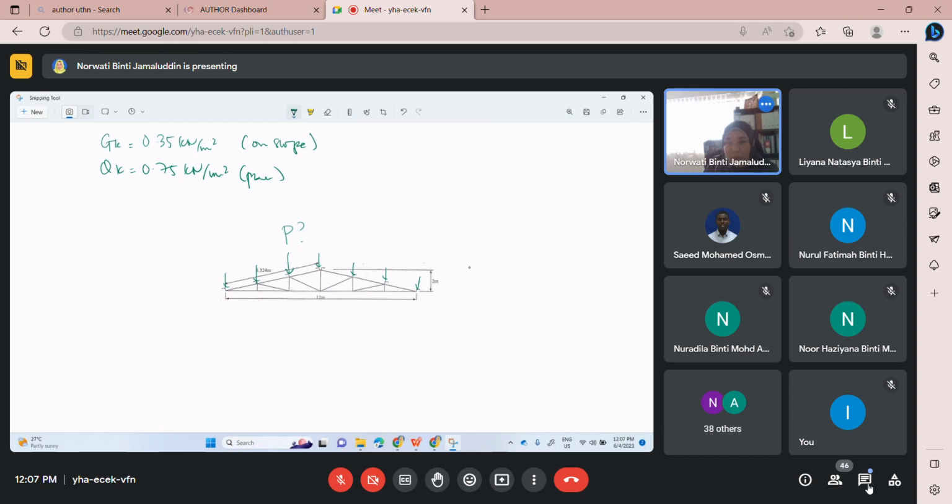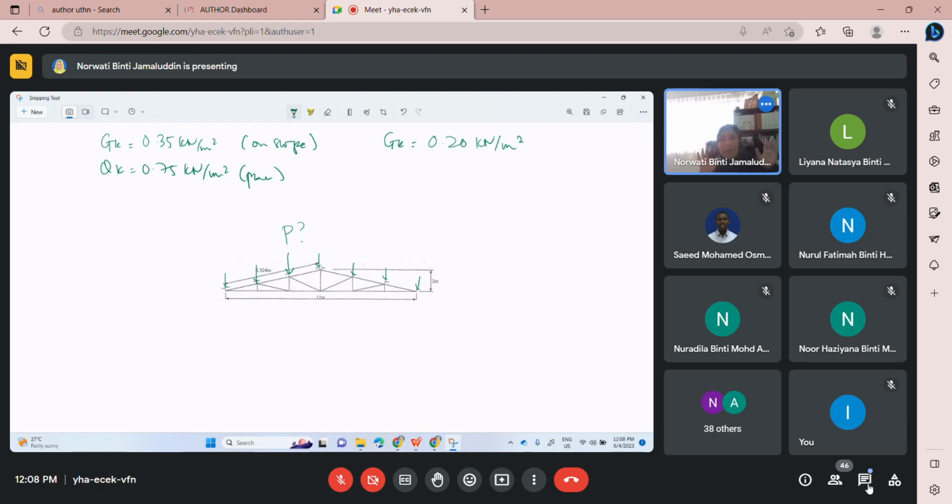And then we have another load, also GK, but this is the weight of truss. The weight of truss, berapa? 0.2 kilonewton per meter squared. It said on slope.